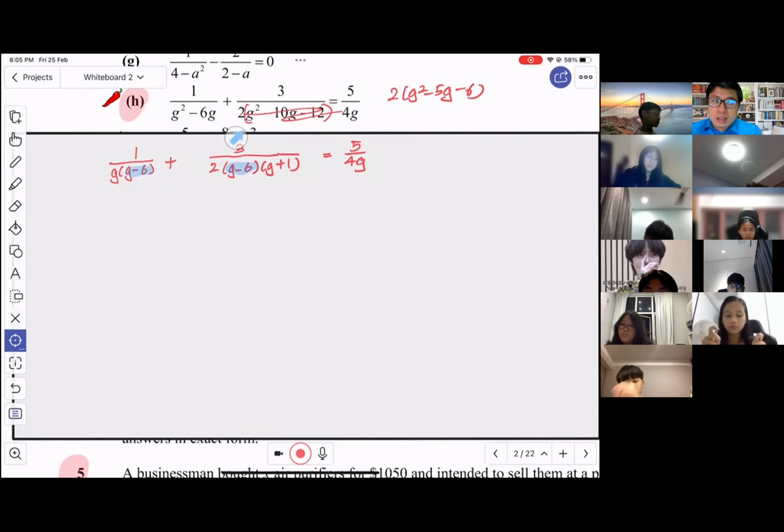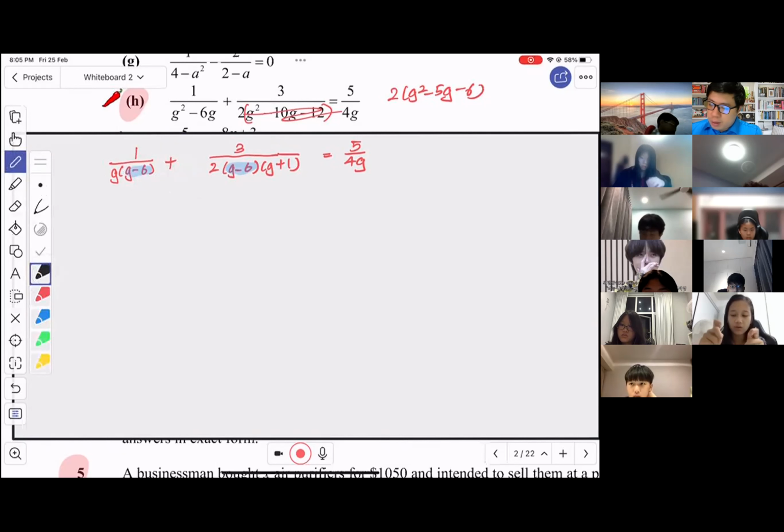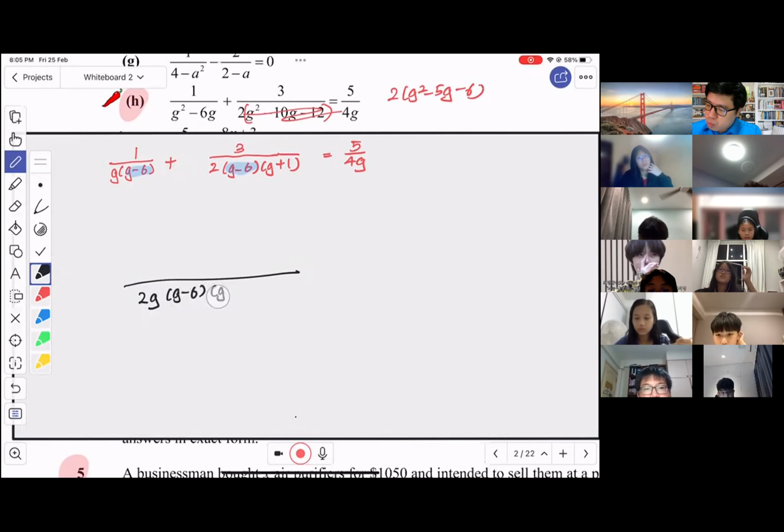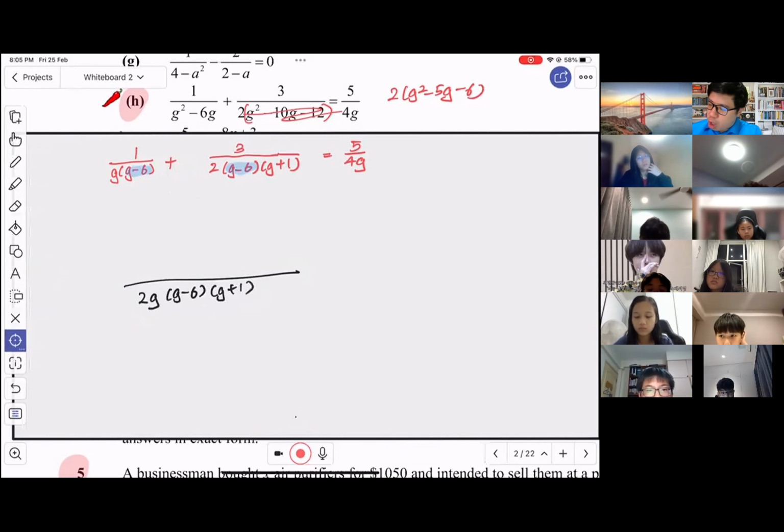Now, if I want to break this into one fraction, the common denominator should look something like this: there will be a 2, a g, a g minus 6, and a g plus 1. This should be the lowest common multiple.